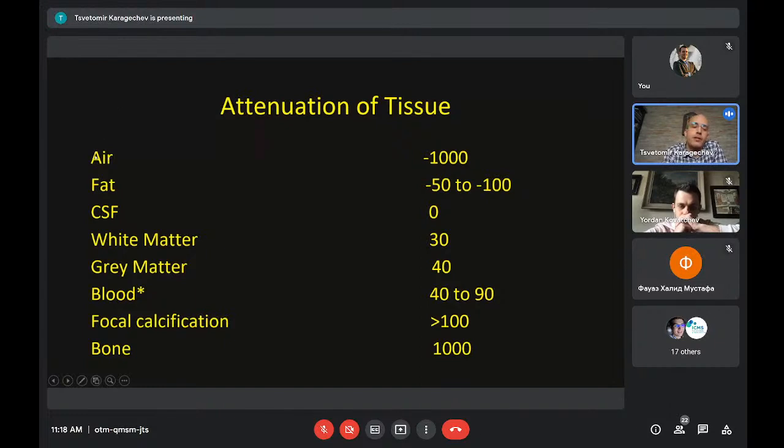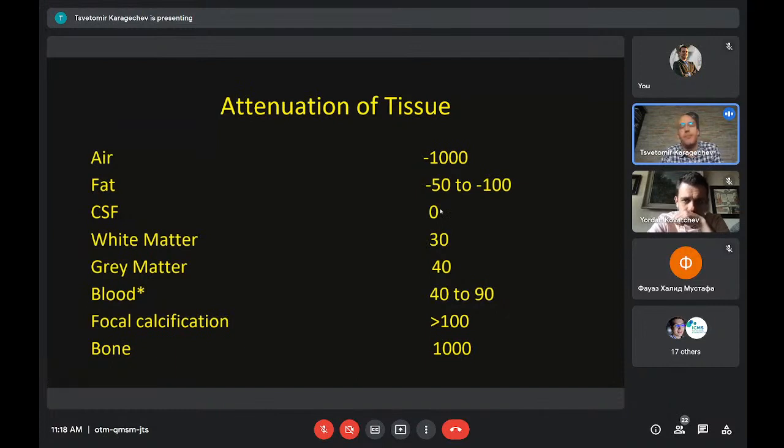So as you can see, these are some basic and important tissues that we look at when we interpret head CTs. On the very first side of the spectrum is air, which has a value of -1000. Then we have fat, like -50 to -100. And in the middle of the spectrum is cerebrospinal fluid, around 0.